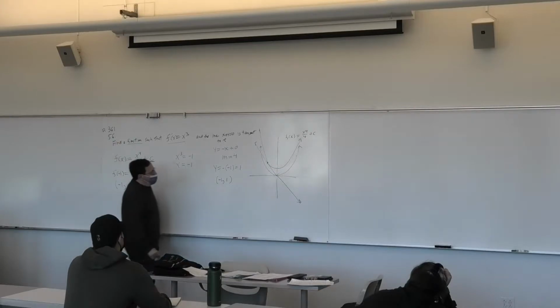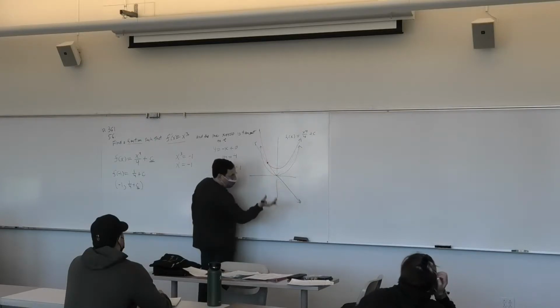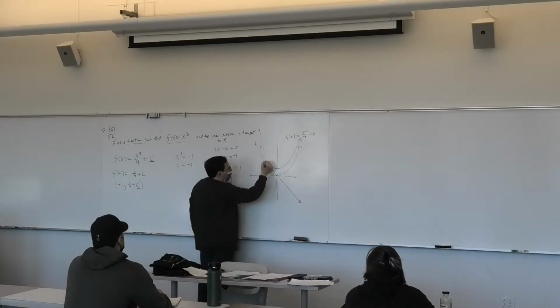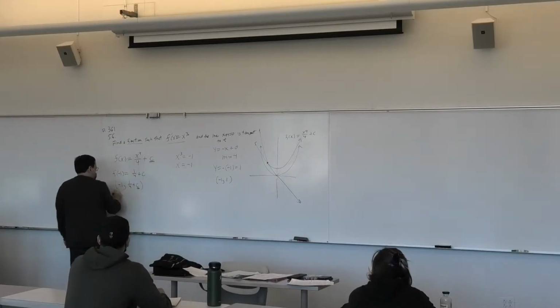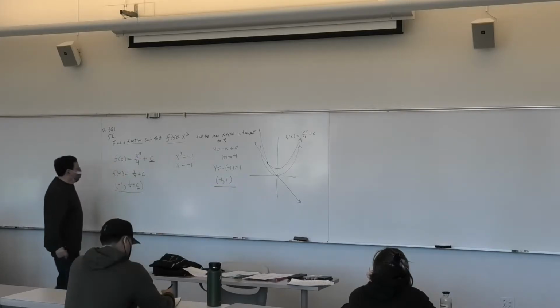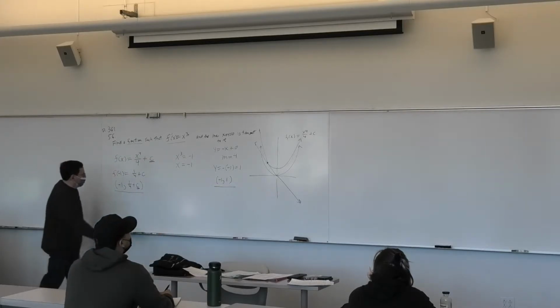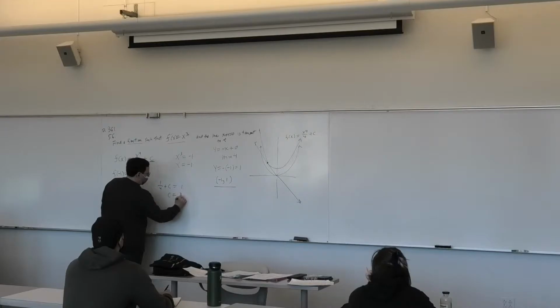Well, the place where the slope of the tangent and the slope of this line match is at these 2 points. So how do we make them match? Set 1/4 plus c equals 1, or c equals 3/4.